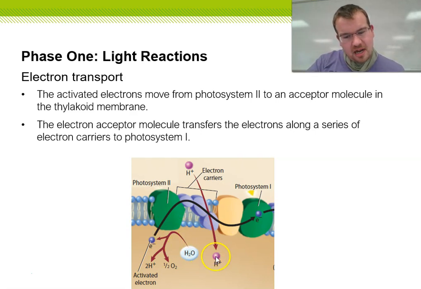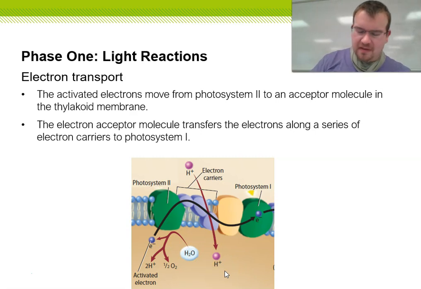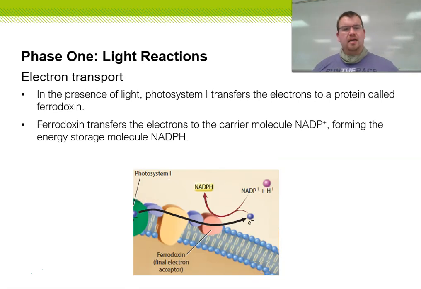Remember about these hydrogen ions building up, a concentration gradient on the inside of that organelle. So in the presence of light, we're still in phase 1. Photosystem 1 will transfer the electrons to a protein that we call ferredoxin. So here's ferredoxin, the final electron acceptor.